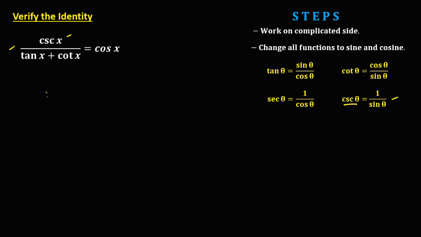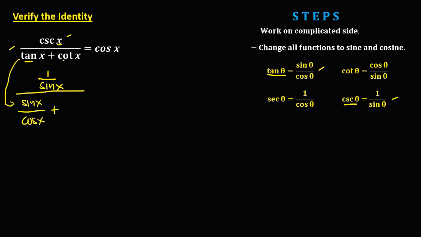For this given, since we have cosecant x, and cosecant x is equal to 1 over sine, we need to replace this cosecant x by 1 over sine x because the angle is x. Then for this tangent x, since tangent is equal to sine over cosine, this tangent becomes sine x over cosine x.